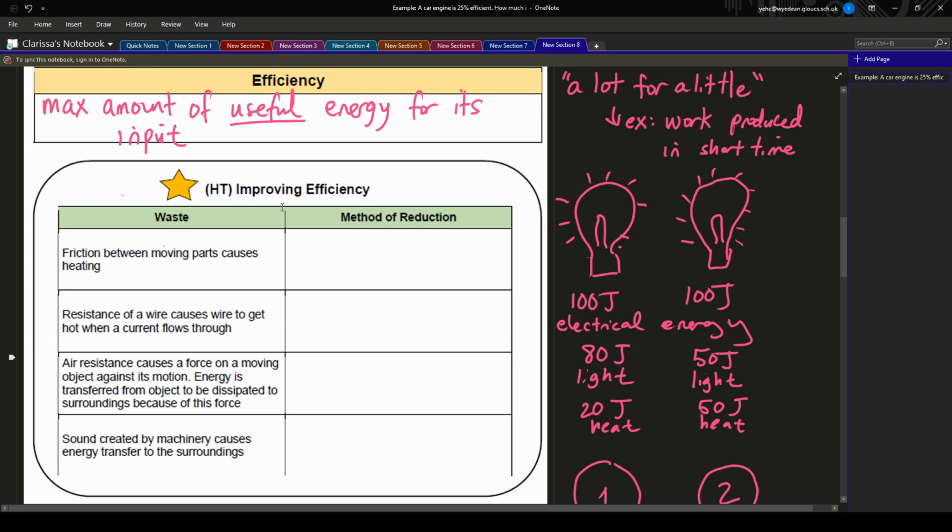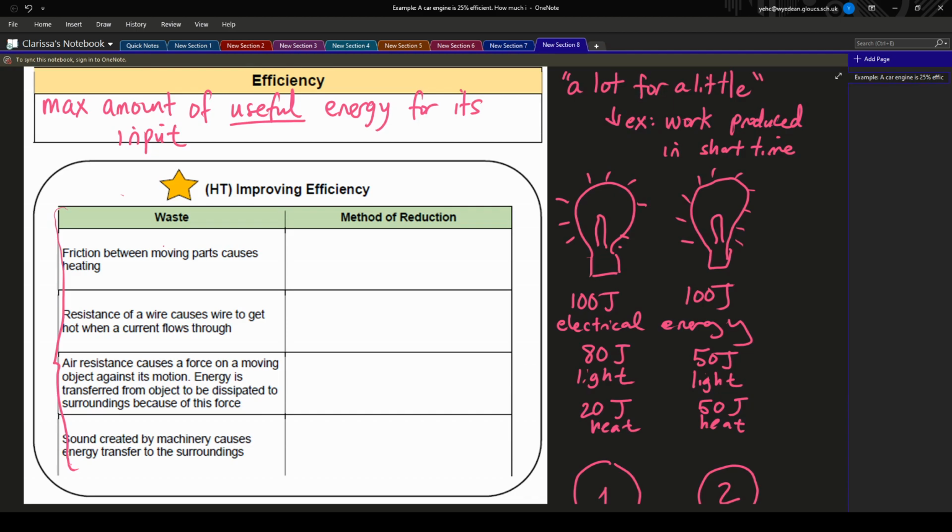But first, let's move on to something that is higher tier, which is methods of improving efficiency. So here are common examples of how we can have a lot of wasted energy. For example, friction between moving parts causes heating. In wires, the resistance in a wire gets hot, which is energy loss due to heat.